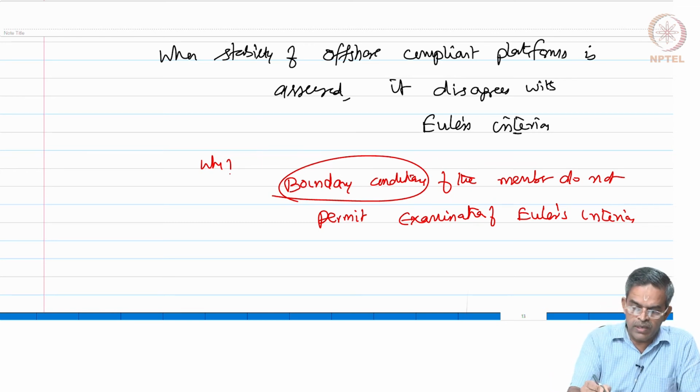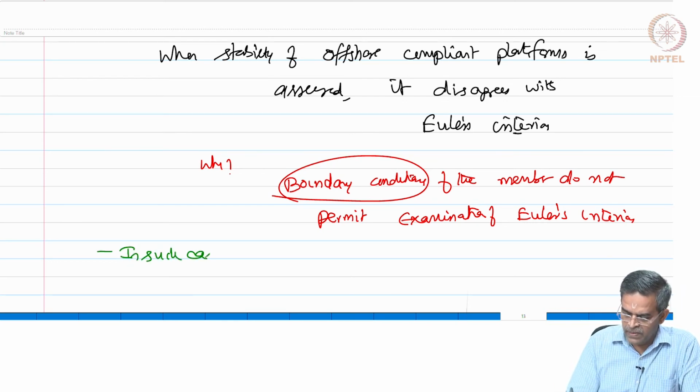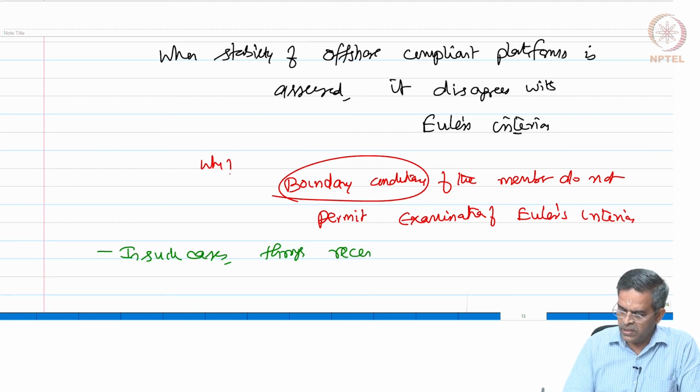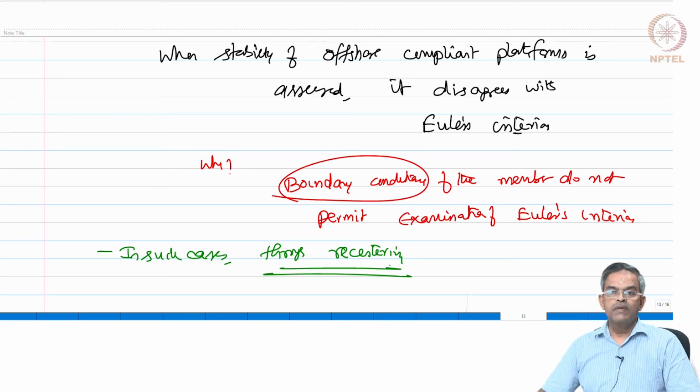We ensure stability in such cases through recentering. Friends, please recollect, we discussed this property of recentering. Recentering is an ability of the structural system to return back or regain its original geometric position inherently in the presence of load.